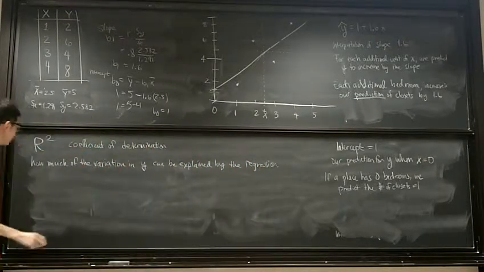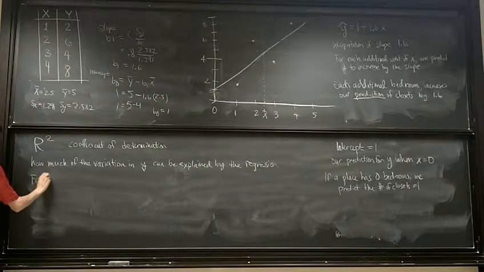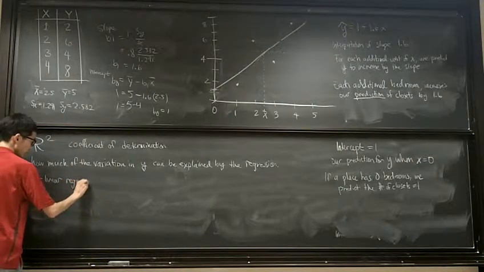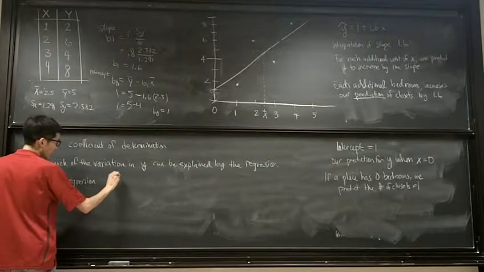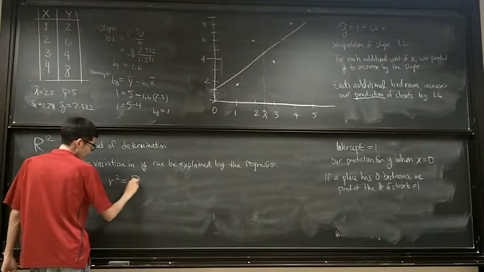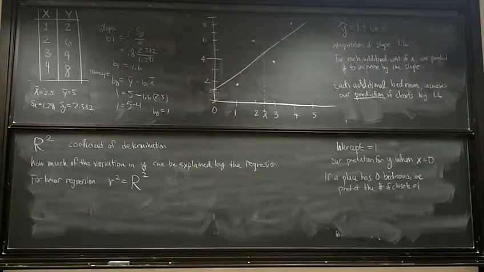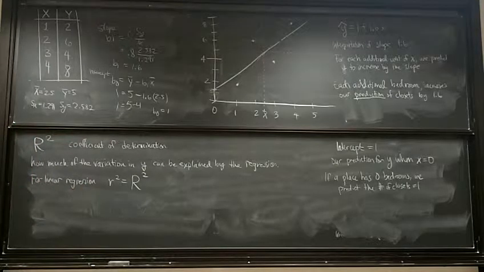And for linear regression, so that's all we're doing in this class, when you square little r, you get big R squared. Okay. So that's that.